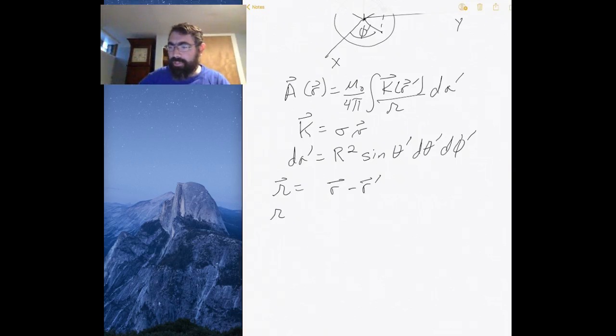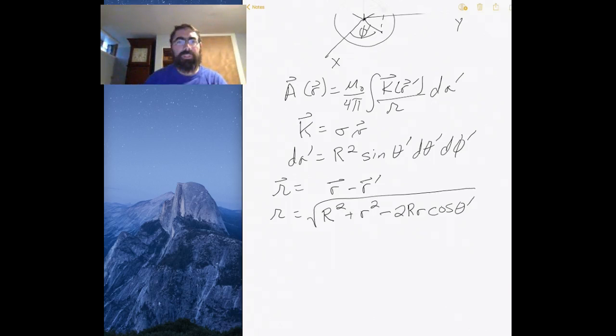We want the magnitude of it, so we can square it and take the square root. Using the law of cosines, we get capital R squared plus little r squared minus 2 capital R little r cosine theta prime, and then take the square root of that whole thing.